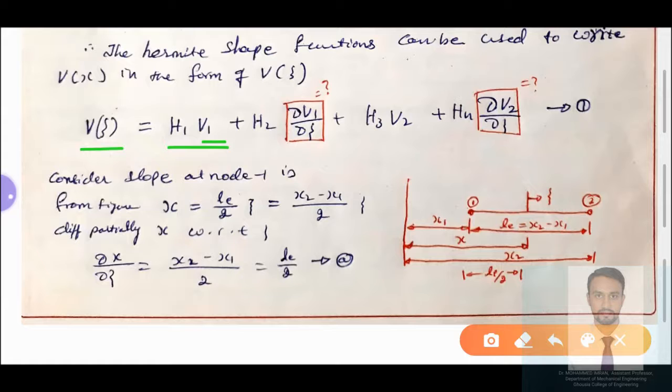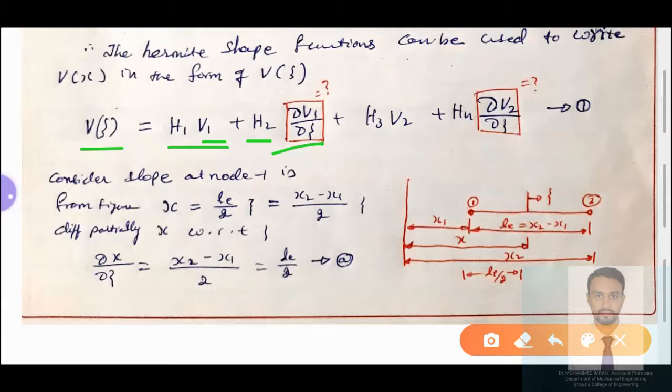That rotation depends upon node number 1 and is equal to ∂v1/∂x, which is nothing but θ1. We have converted it in terms of zeta: ∂v1/∂zeta. The Hermite shape function for the slope at node number 1 is h2.